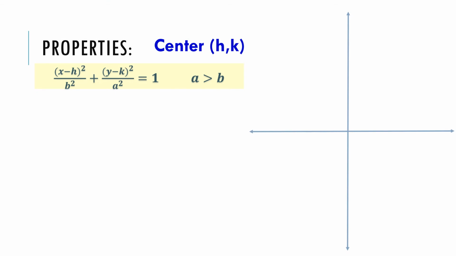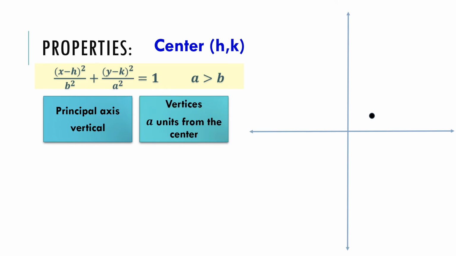Let's interchange. What if a is with y? That changes the orientation of our graph. It is vertical, so our principal axis is vertical. The ellipse is upright. Next, vertices, a units from the center: count a units up and a units down. The formula is (h, k plus or minus a).